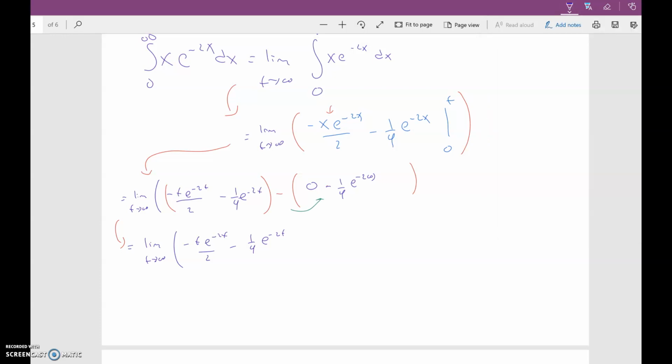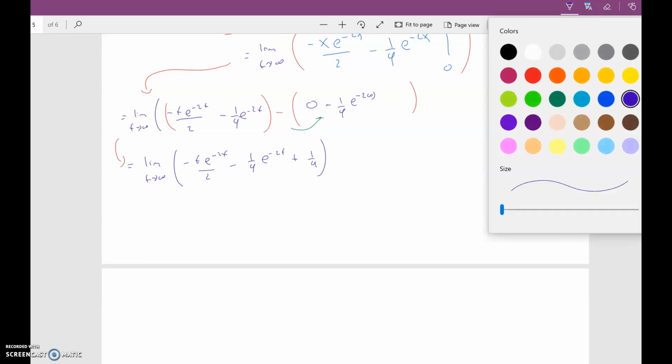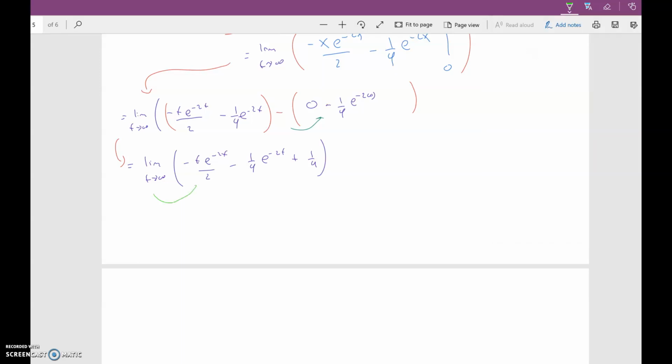So we're looking at plus 1/4. And then this one's going to be a little bit messy as we technically apply the actual limit to those three portions.